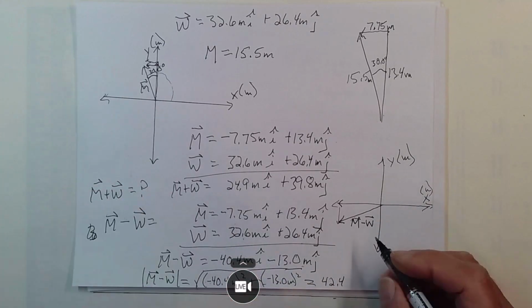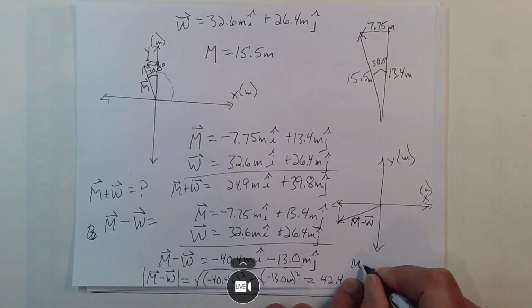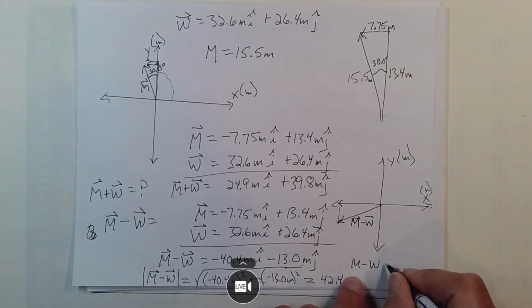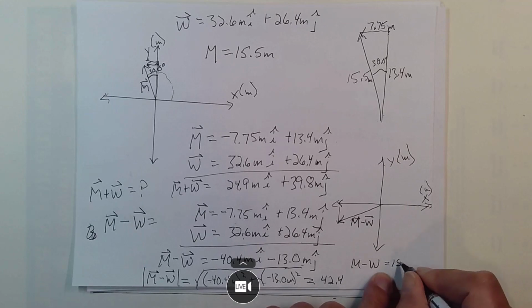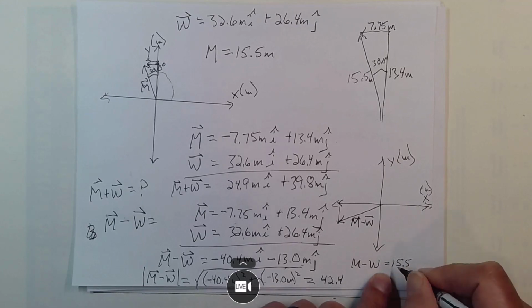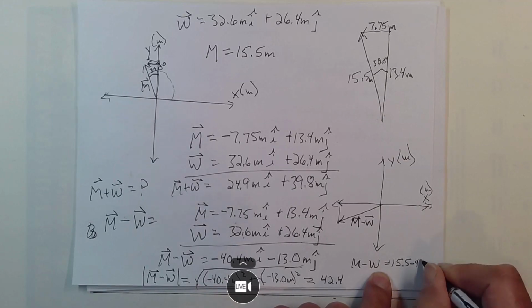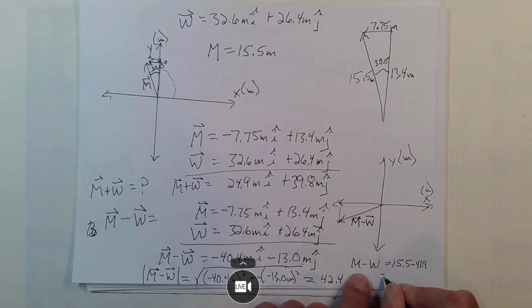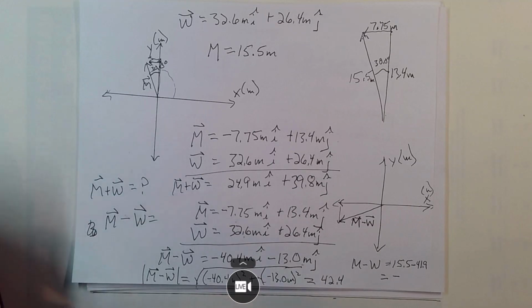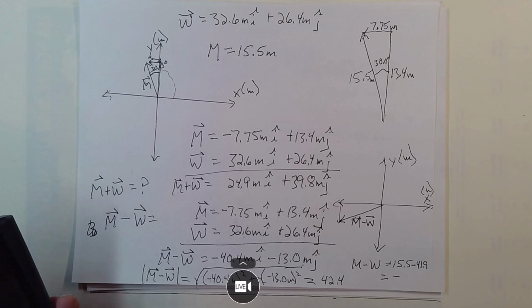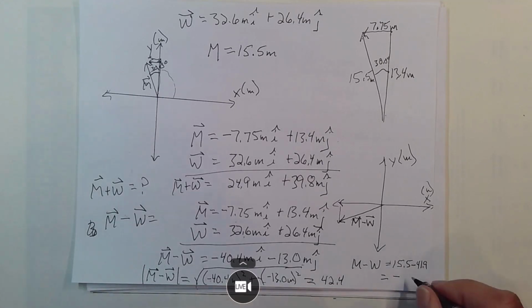Now, notice that the magnitude of m minus the magnitude of w would equal 15.5. Actually, we'd want the absolute, well, let's go ahead and calculate it. Minus 41.9, which is negative, I'm being lazy, I should do that in my head, minus 26.4.